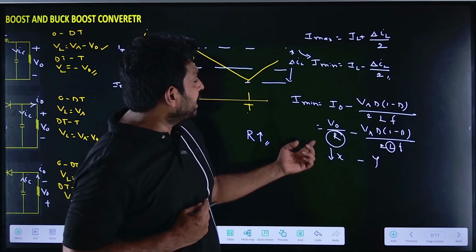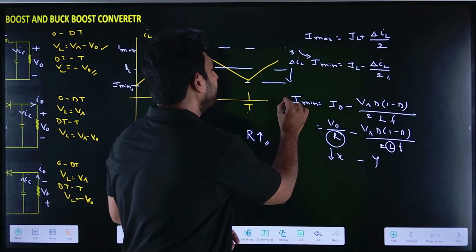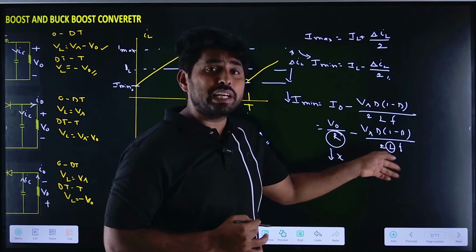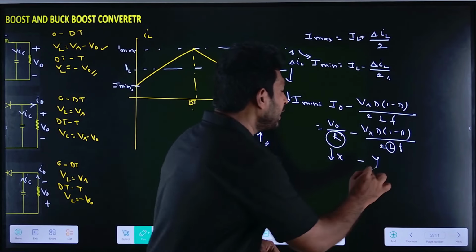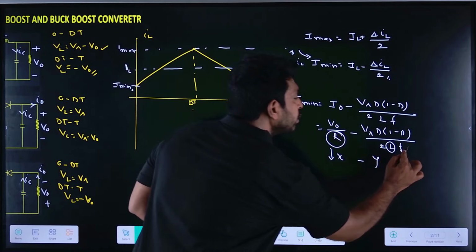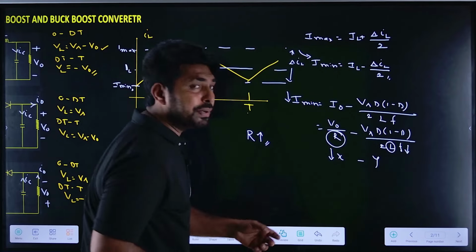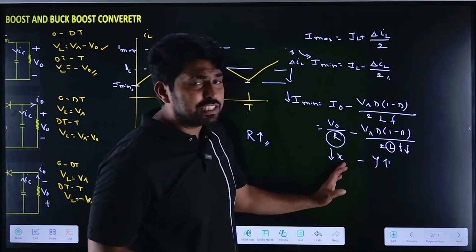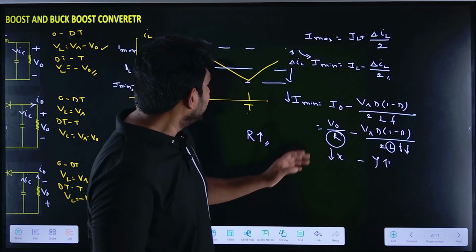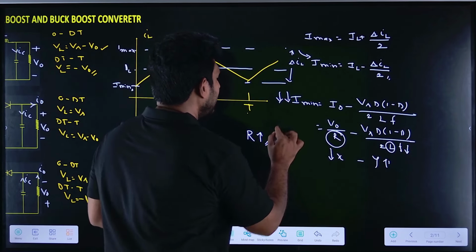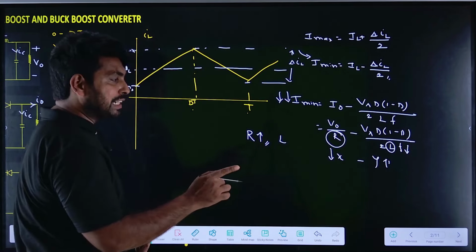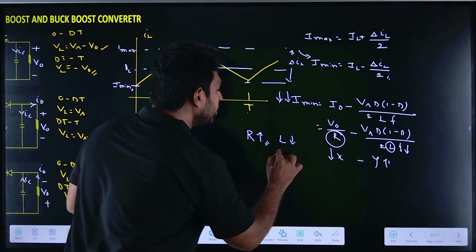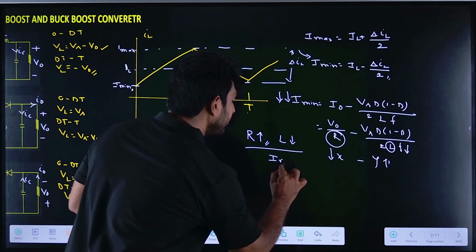If X decreases, I minimum will decrease. If I reduce the inductance, what happens? Y will increase. If X is constant and Y increases, again I minimum will reduce. So in two cases, if I increase the R value or if I reduce the L value, the I minimum will be reduced.